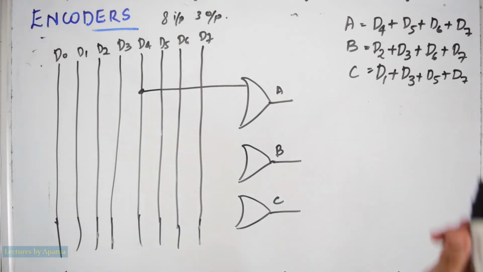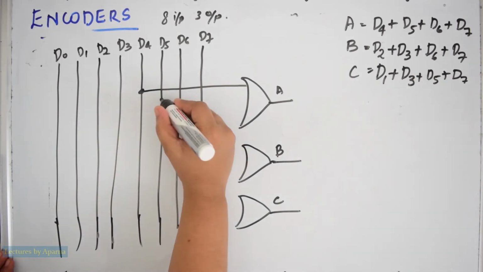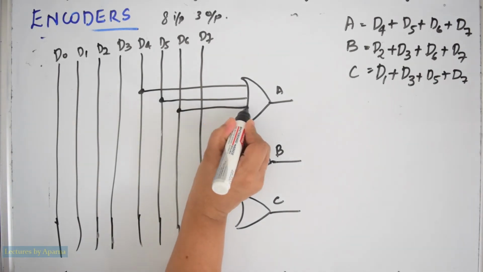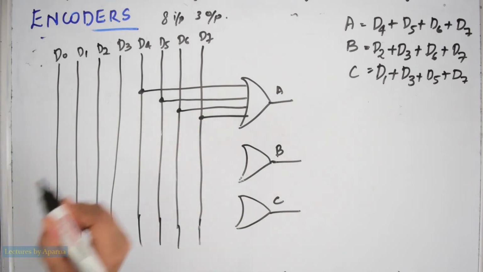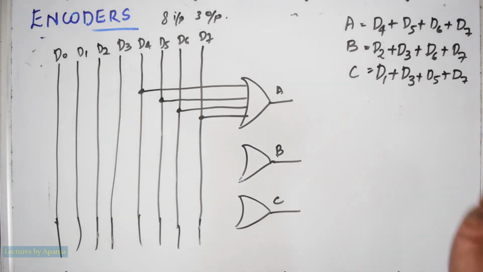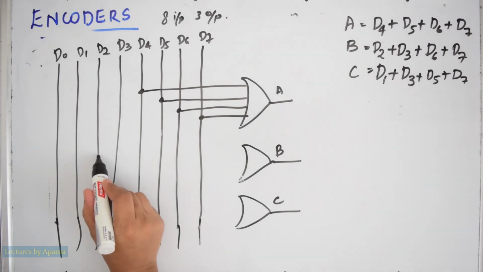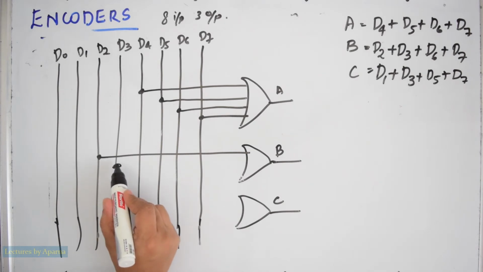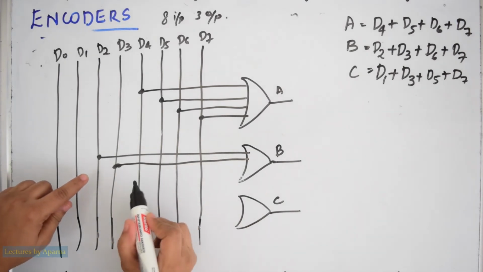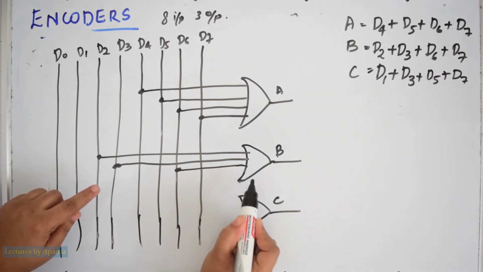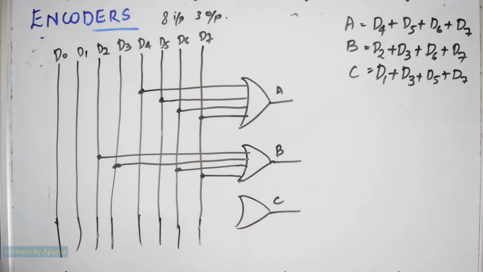D4, D5, D6 and D7. Then to the next OR gate, D2 is connected, so we have D2, then D3 and D6 and then D7.